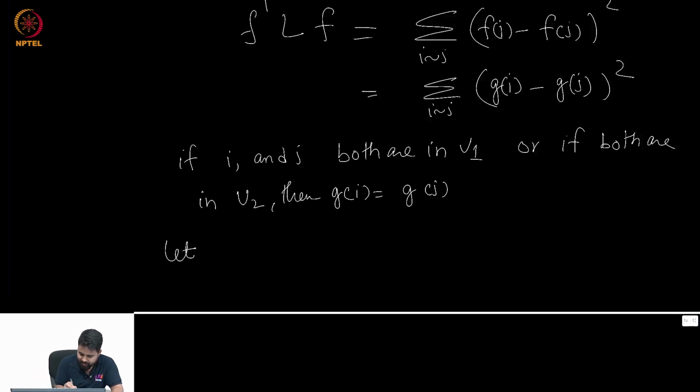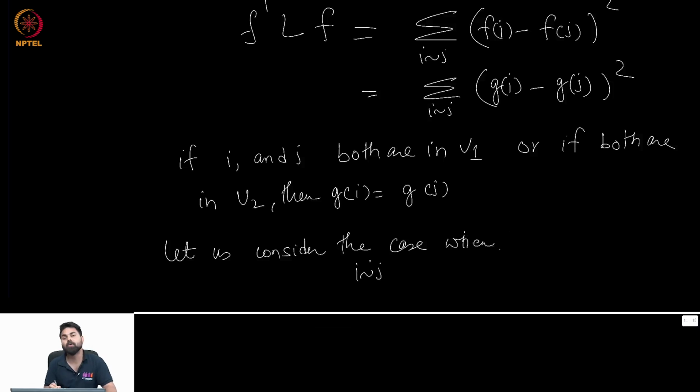Let us consider the case when i and j are not in either G1 or G2.